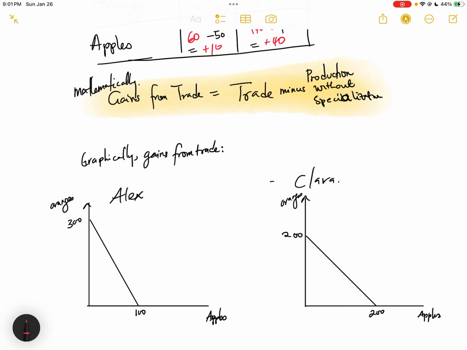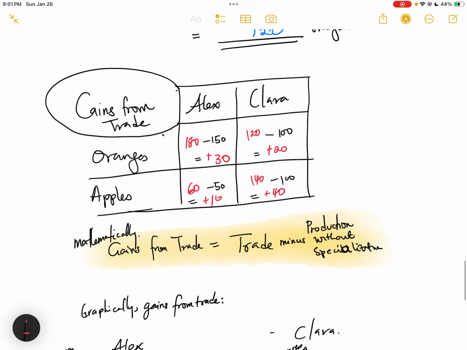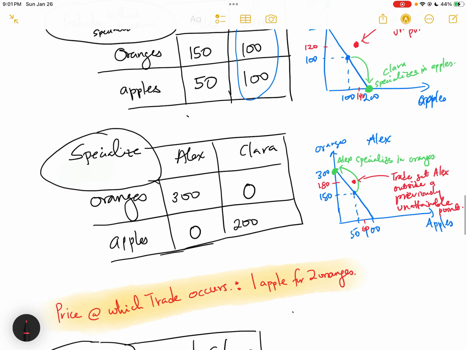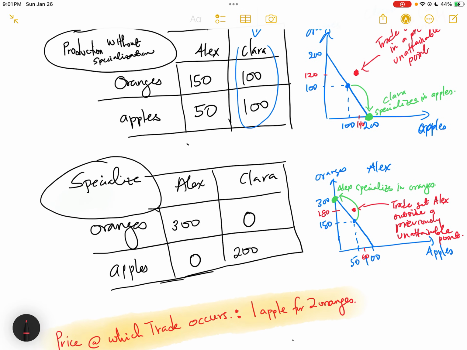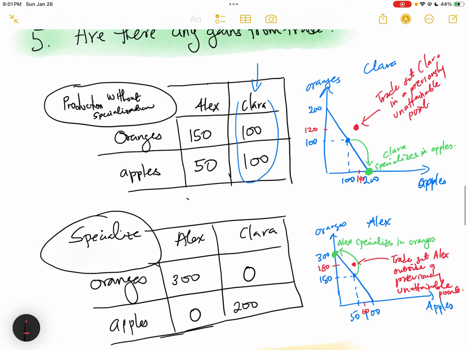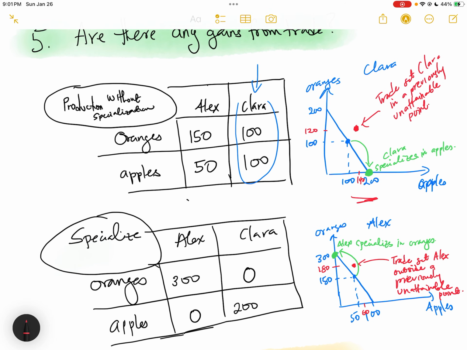And I already showed that that was somewhere outside their PPF, and that's great. Those are out here. We drew them and visualized production without specialization, and trade on the graph, and that's what it looks like. Okay. Practice. Thank you.